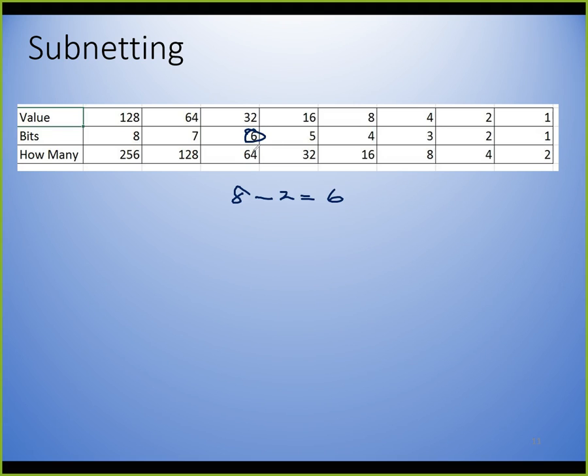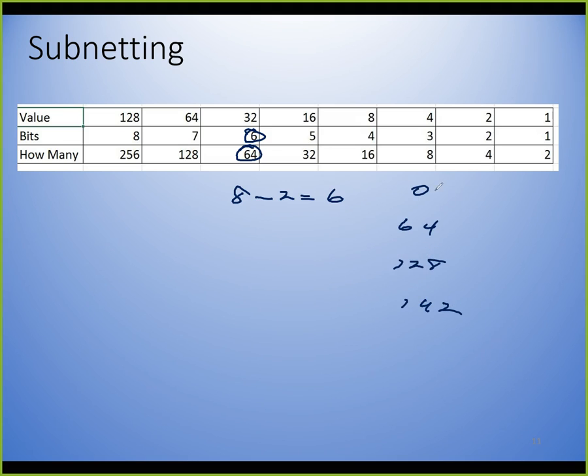That says each of the networks is going to have 64 addresses on it. I know my first one's 0, and I add 64 to it to get 64. I add 64 to this and I get 128. I add 64 to this, I get 192. These are my network addresses: 192.168.1.0, 1.64, 1.128, 1.192.